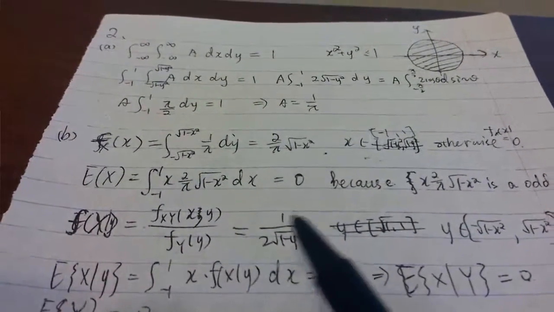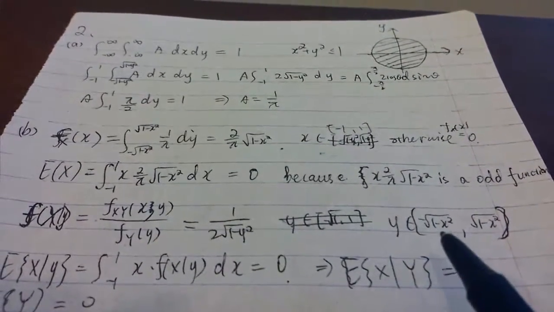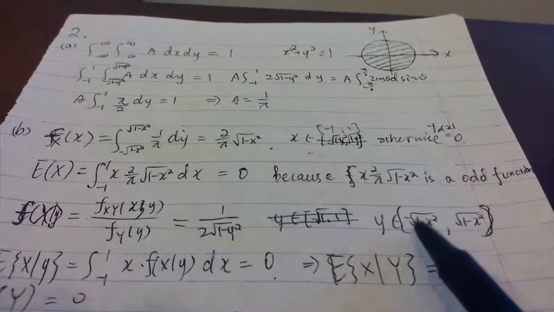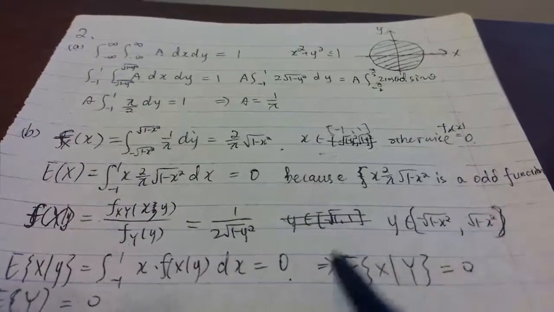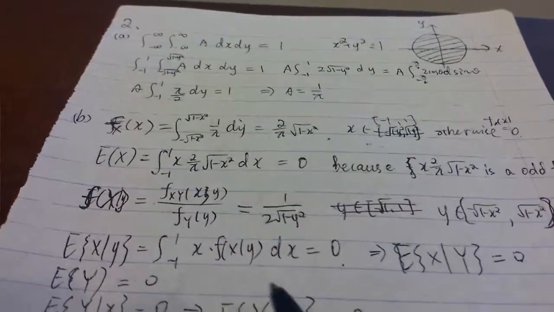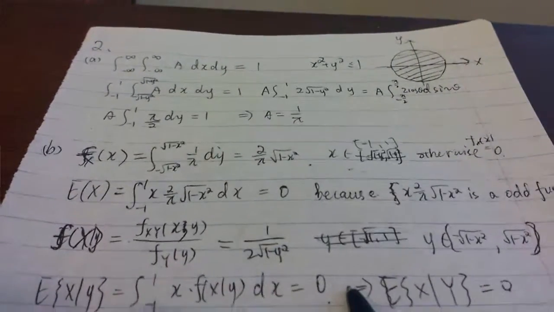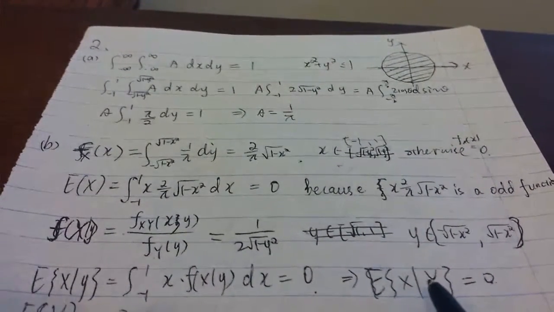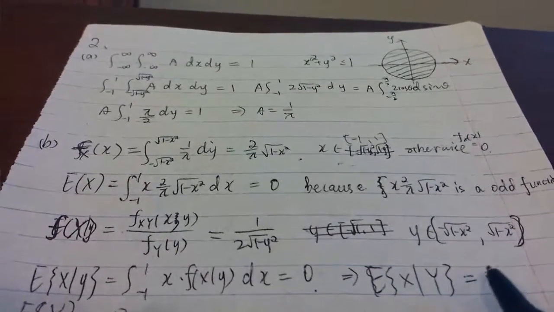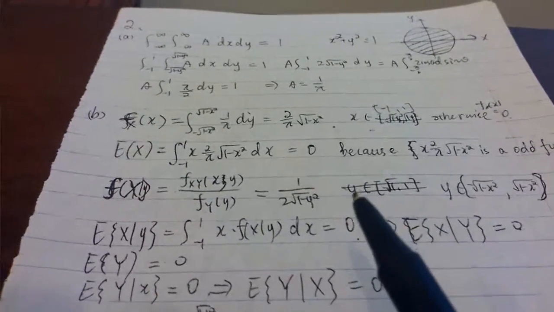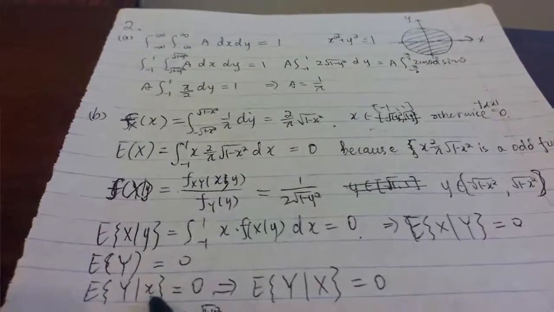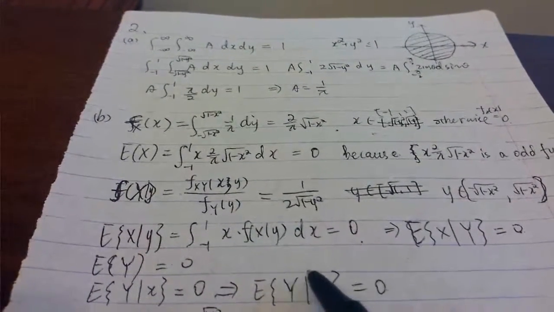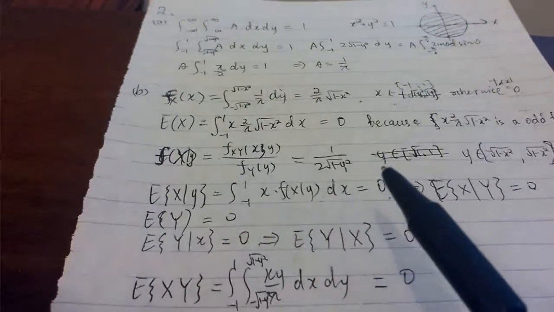Also, we know it's an even function because it's symmetrical from negative to positive, and it's the same. So we know that the expected value is 0. Then when y is not a constant, when y is a random variable, it also equals 0. And the same as this, the expected value of y given x is also equal to 0.